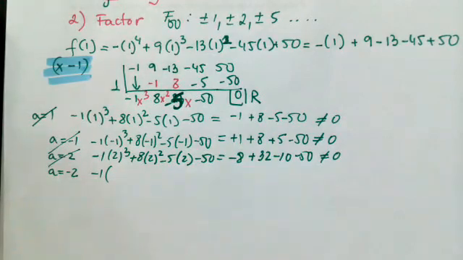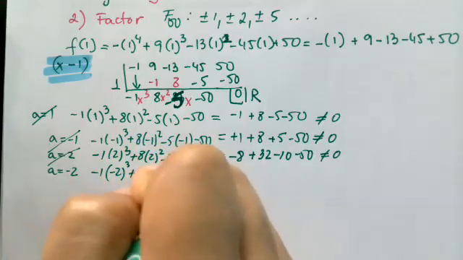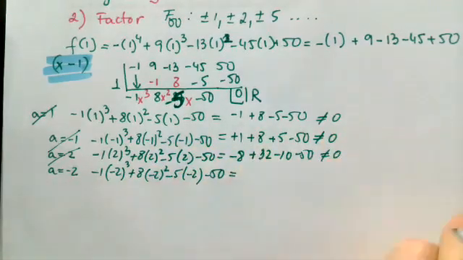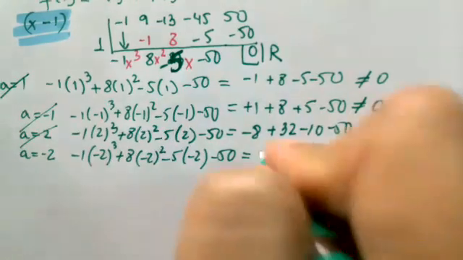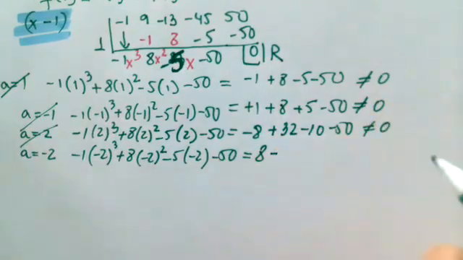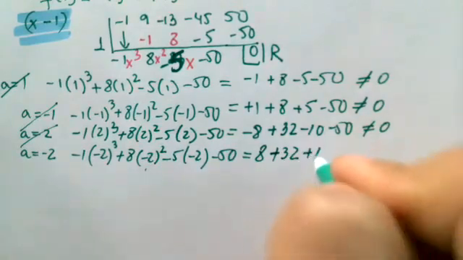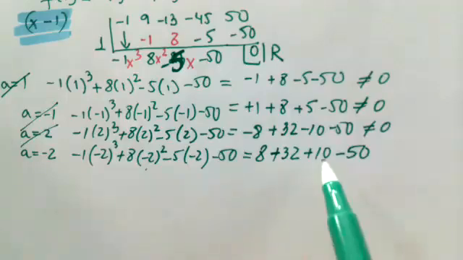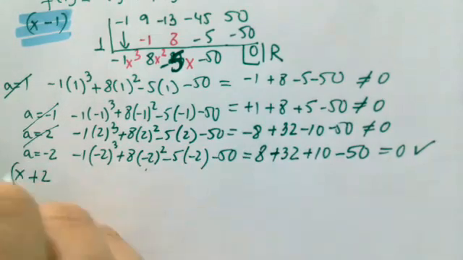The next in the list is negative 2. So negative 2 cubed, 8 times negative 2 squared, negative 5 times negative 2, minus 50. Negative 8 times negative 1 is 8, then positive 32 again, plus 10. I think this might be enough: 40, 50, equals 0. x plus 2 is a factor.